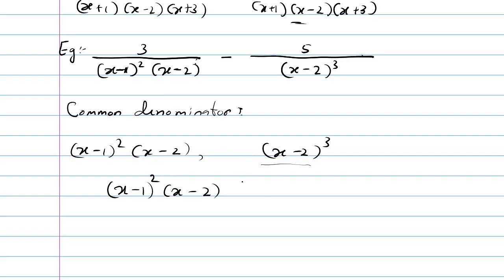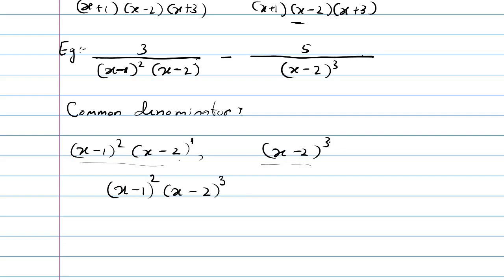And for x minus 2, the first denominator has an x minus 2, but the second denominator has it to the power 3, right? You have the third power. So you pick that, because this is just to the power 1. Writing x minus 2 is just x minus 2 to the power 1.